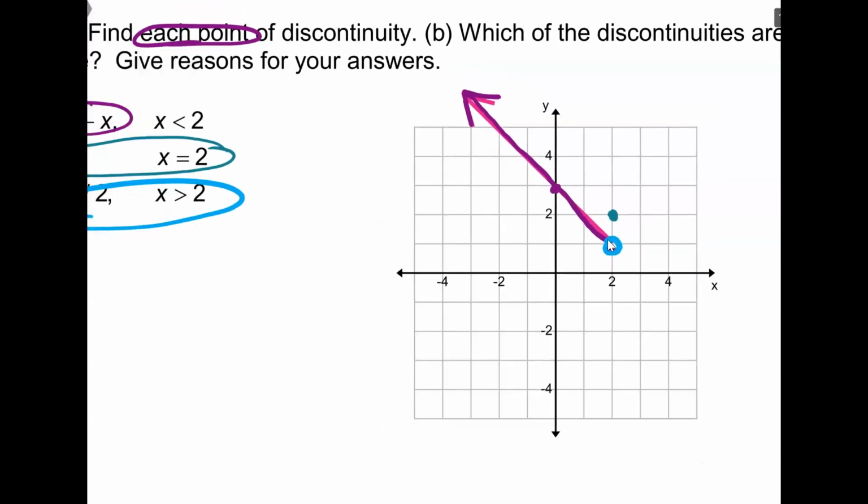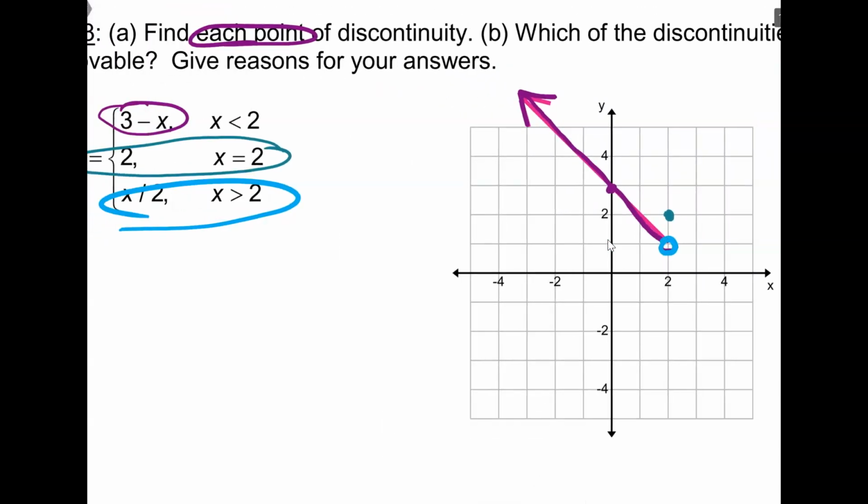And then I'm going up by a half. If I put in 4, it's like this. It kind of looks like an absolute value function. The left side has a slope of -1, the right side has a slope of 1/2, so it's a little lopsided. This x over 2 is the same thing as 1/2 x, so we know the slope is 1/2.